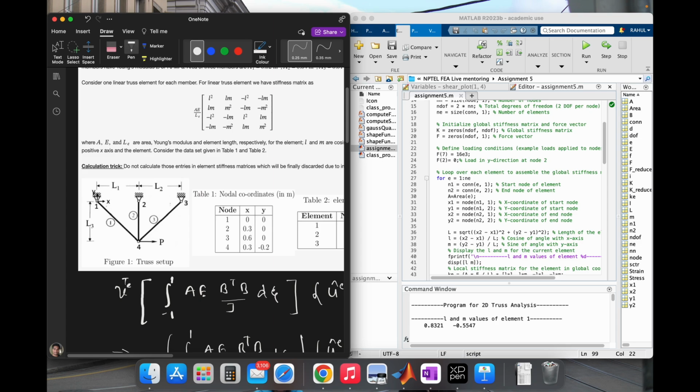We don't know the values of F1 to F6, but one thing we know is the load at node 4, which is F7 and F8.